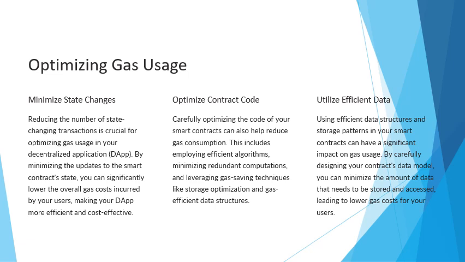Carefully optimizing the code of our smart contracts can also help reduce gas consumption. This includes employing efficient algorithms, minimizing redundant computations, and leveraging gas-saving techniques like storage optimization and gas-efficient data structures. Then we can utilize efficient data structures and storage patterns in our smart contract, and by carefully designing the smart contract data model, we can minimize the amount of data that needs to be stored and accessed, leading to lower gas cost for your users.